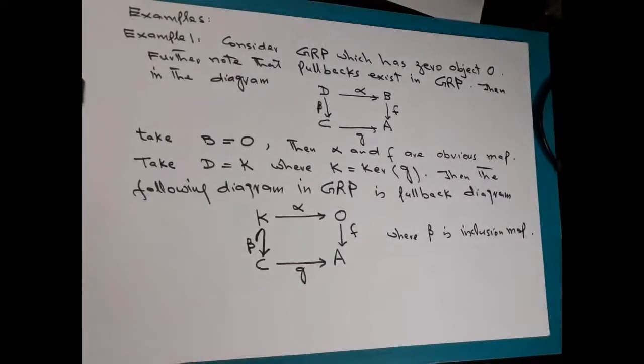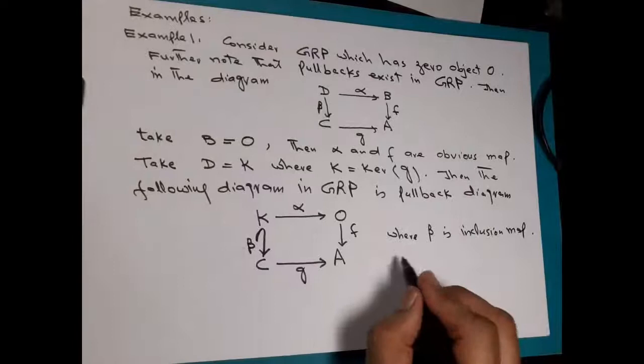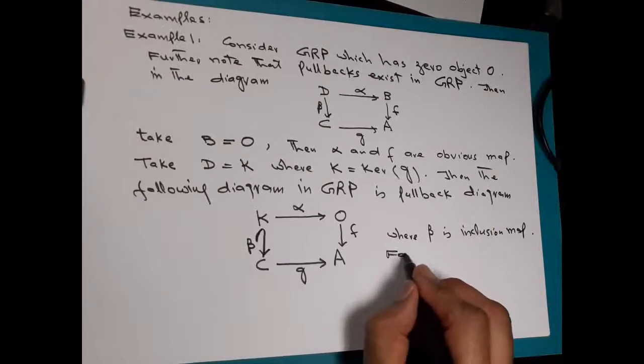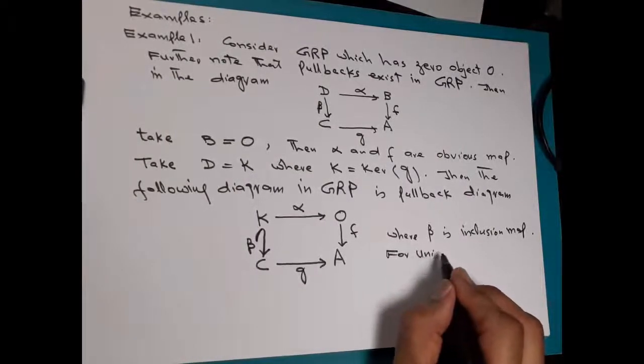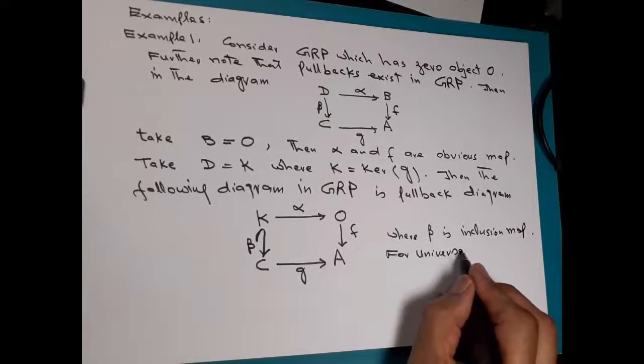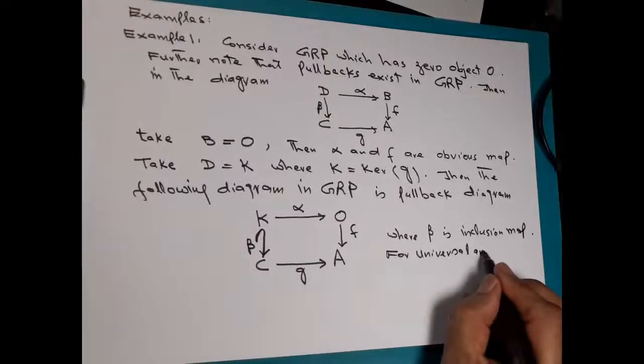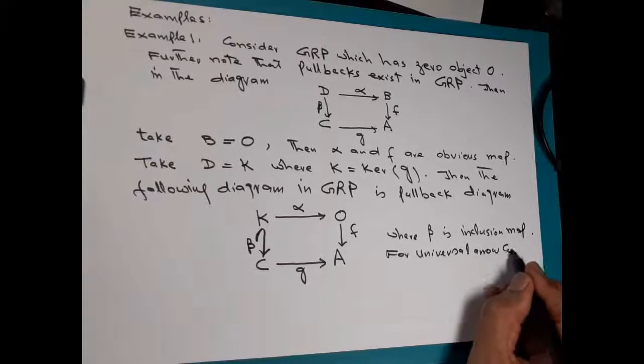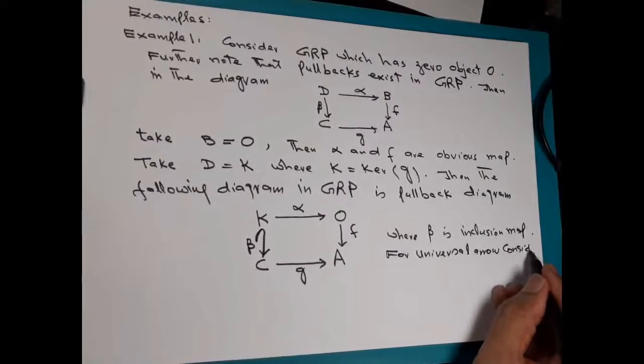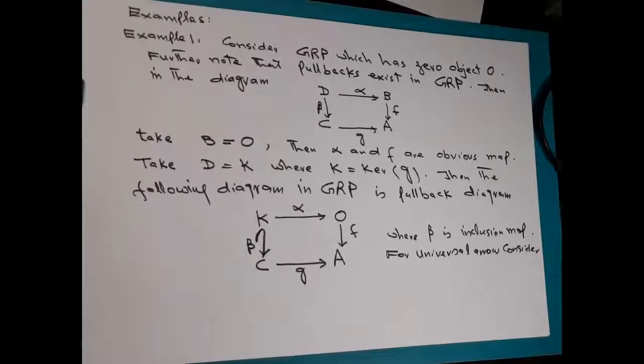So in order to see what the universal arrow is going to be, I will simply draw the diagram and leave the rest for you to understand what all these things mean. So for the universal arrow, consider, you know what the diagram is going to be.